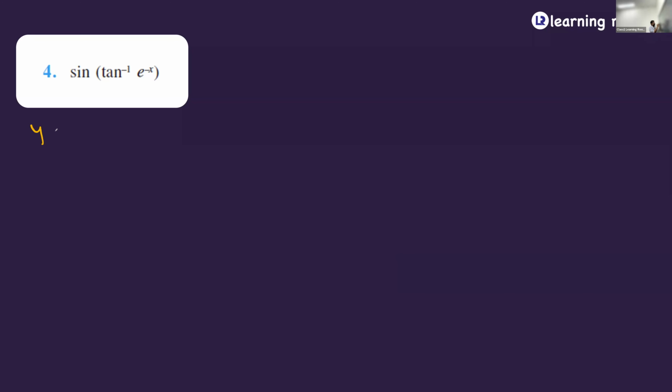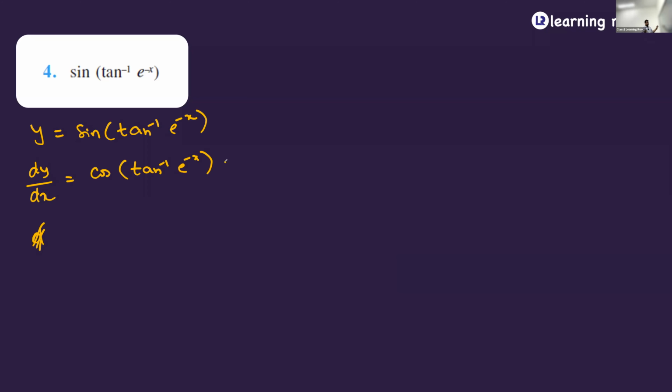Okay. So y is equal to sin of tan inverse of e power minus x. So the first step will be dy by dx is equal to, for sin, cos of tan inverse of e power minus x. Second step, sorry, I'm doing double differentiation, into derivative of tan inverse, 1 by 1 plus x square. What is the value of x? It is e power minus x.